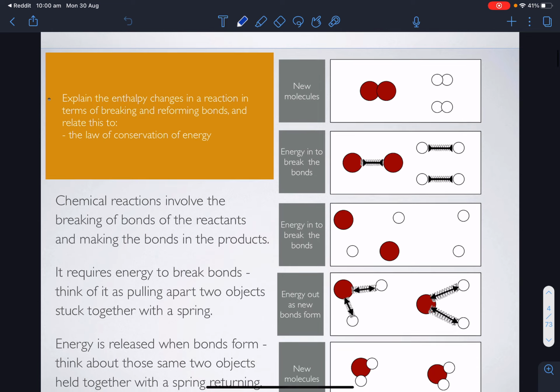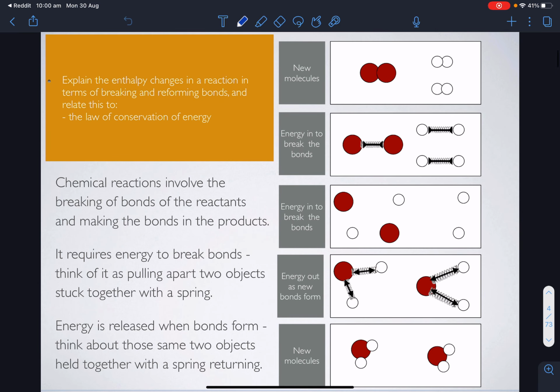Okay, so here, syllabus point. Explain the enthalpy changes in a reaction in terms of breaking and reforming bonds, and relate this to the law of conservation of energy. Okay, so chemical reactions involve breaking bonds of the reactants and making new bonds in the products. As I was just saying, we need to put energy in to break bonds, and I like to think of it as this model, and I'm using the diagrams on the right here now, where you've got a bond represented by a spring.